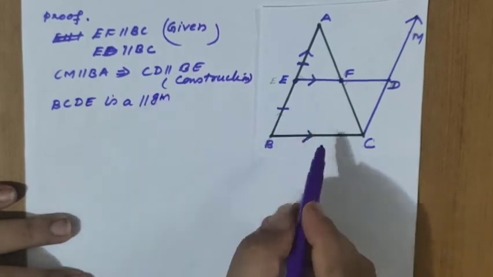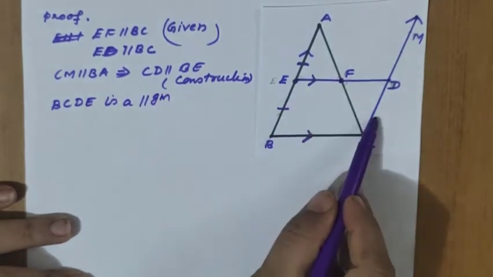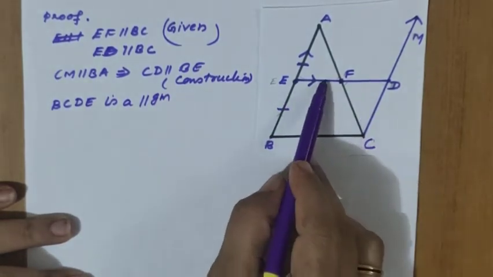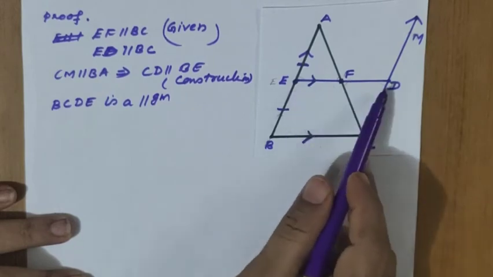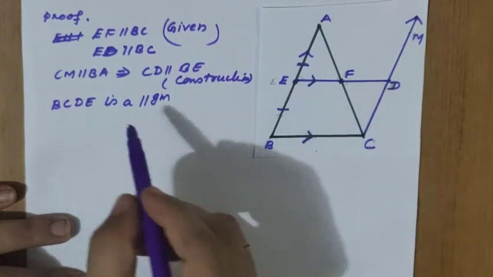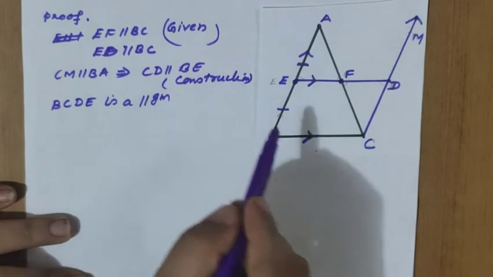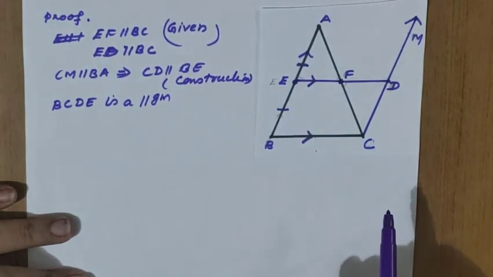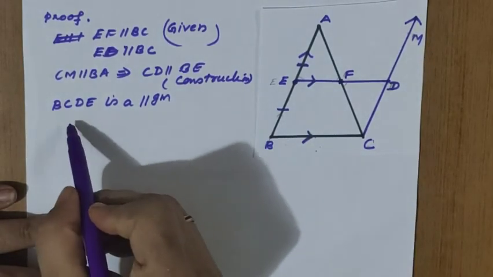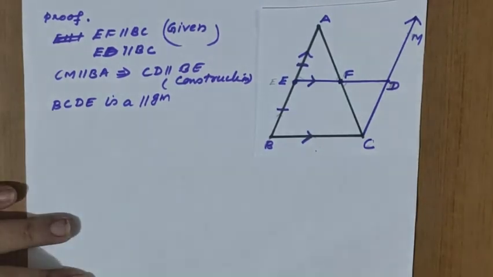Check that. See, BE is parallel to CD, and EF parallel to BC means ED is also parallel to BC. So two pairs of opposite sides are parallel. So what is the conclusion? BCDE is a parallelogram. If BCDE is a parallelogram, then what can you say about BE and CD? BE and CD are also equal.